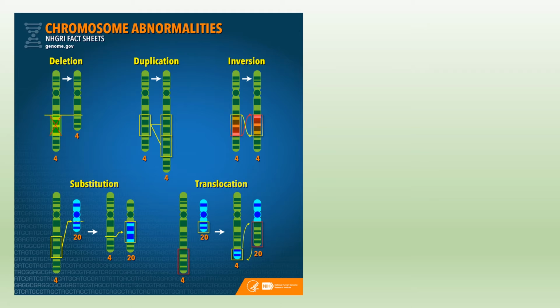Translocations occur where two different chromosomes swap part of their genetic information. Again, this can cause huge problems. But size matters. When in your lifespan these mutations happen matters. What genes are involved matters. So there's a lot of diversity here.